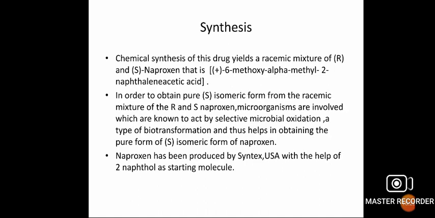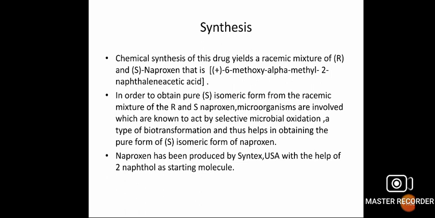Coming to the synthesis, it is almost similar to that of atenolol, by varying the microorganisms in which the resolving of the racemic mixture is done to obtain one pharmacologically active isomer that has biological activity. Chemical synthesis of this drug yields a racemic mixture of R and S naproxen, that is 6-methoxy alpha methyl 2 naphthalene acetic acid.